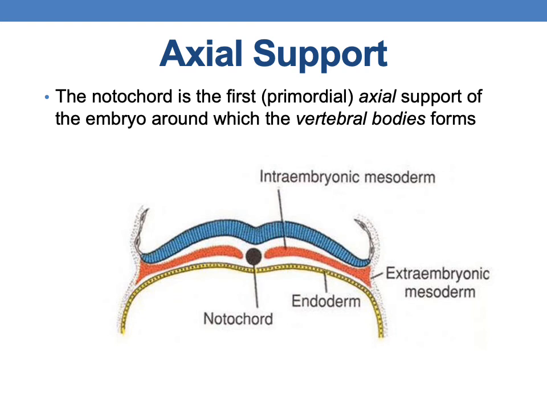Remember, the primitive streak establishes the body axes, such as the head, tail, left, and right. Axial support is different. Think of the two regions of the skeleton, the axial skeleton and the appendicular skeleton. The notochord is setting the framework for the axial skeleton, and around this structure, primordial vertebral bodies will form.